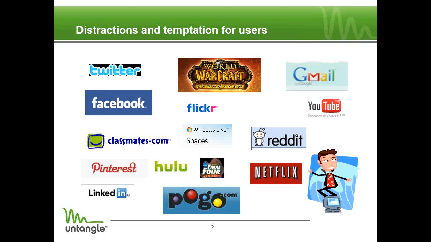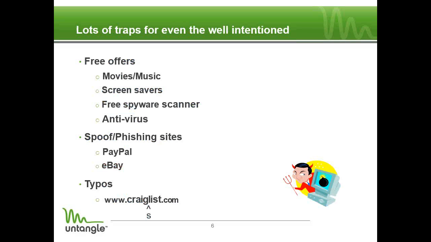There's a lot of distractions and temptations out there. You can see a list here of several different things, whether it be YouTube or Netflix. Also, there's a lot of traps that even well-intentioned users fall into, if they're trying to download content like screensavers or even different antivirus protections. They think they might be downloading a good one, when in actual fact, some of those are designed to be malware themselves.